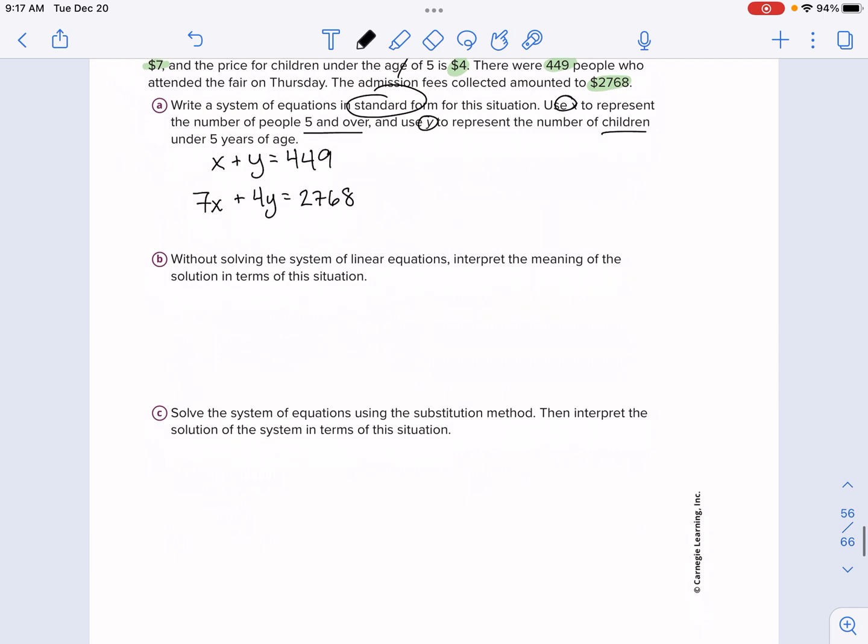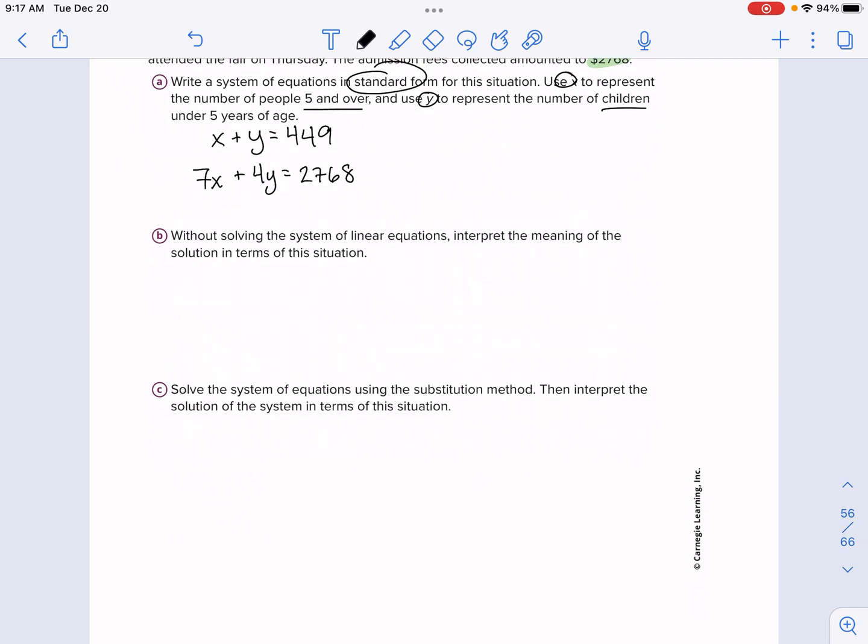Okay. So B, before we actually try to solve this system, it says without solving these systems of linear equations, interpret the meaning of the solution in terms of this situation. So the solution of this linear system will give the number of people 5 and over, and the number of children that are less than 5. So how many people attended?